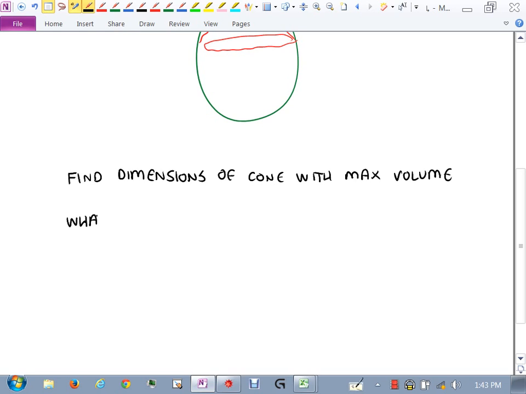What is the volume? These problems are, like I said before, they reduce down to the same thing.